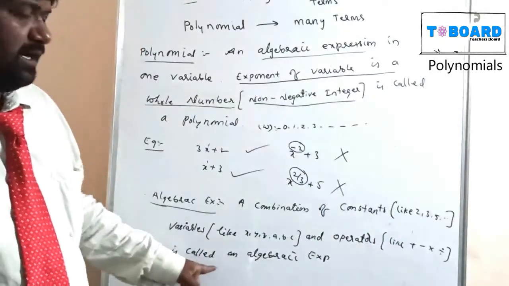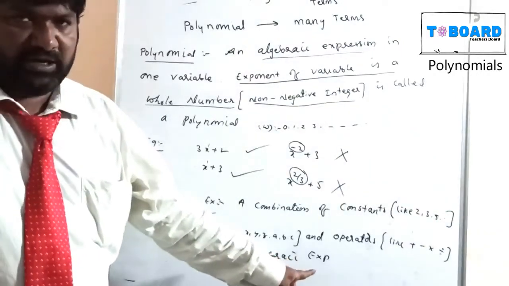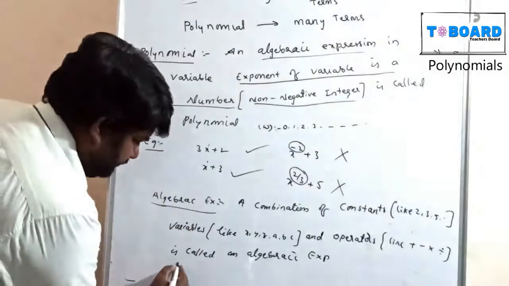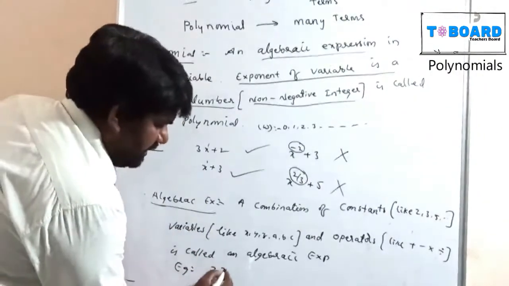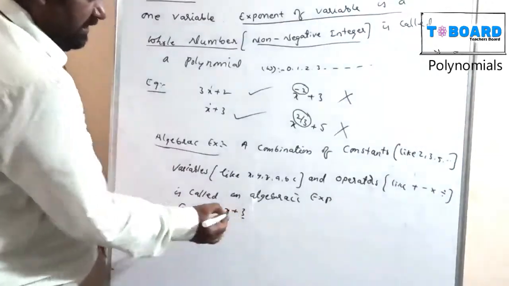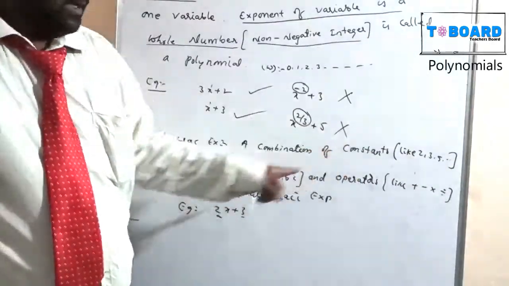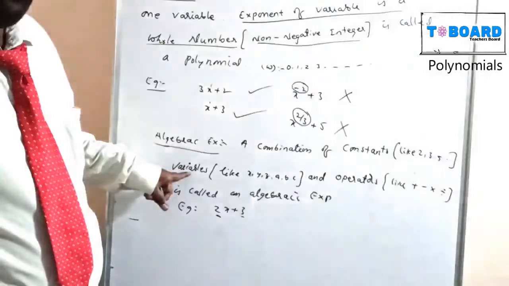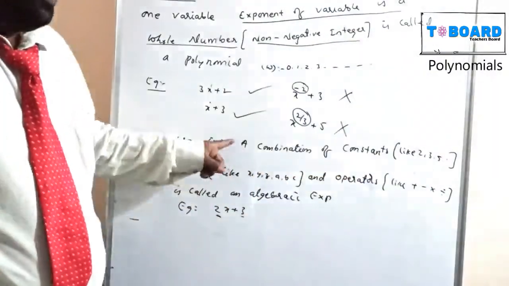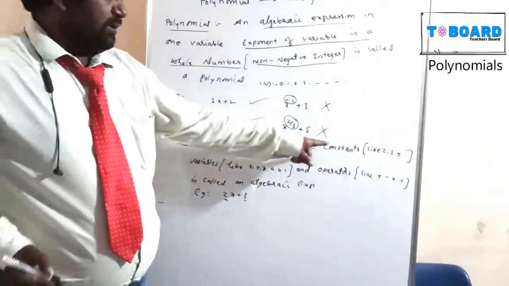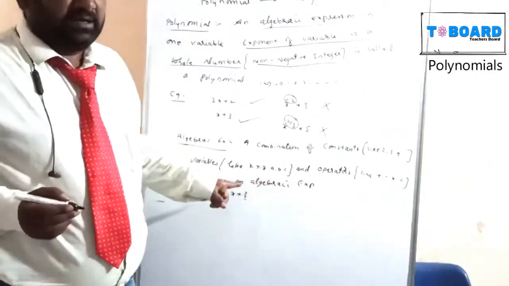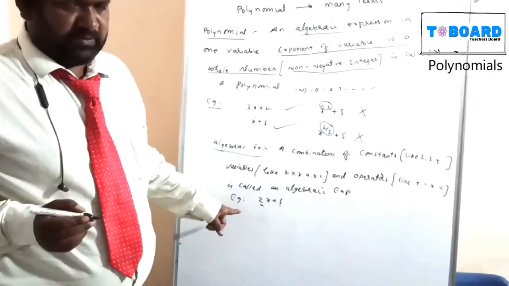An example, 2x plus 3. Here 2 and 3 are constant numbers, x is a variable, plus is an operator. A combination of constants, variables and operators is called an algebraic expression.